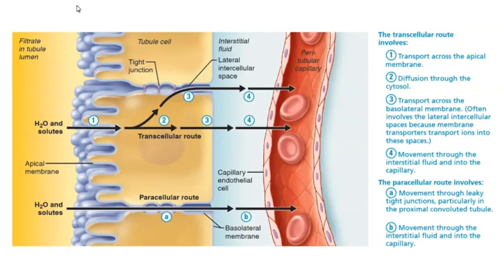So what those two terms imply, looking at this diagram, just to orient you here, on the left side we're seeing that this is the lumen of the renal tubule. The material that you're seeing here is the filtrate that is making its way through the renal tubules. What you're looking at here are the microvilli on the apical surface of the tubule cells. Remember that the apical surface always faces an inner lumen or an external surface.